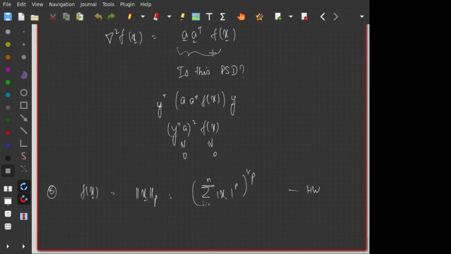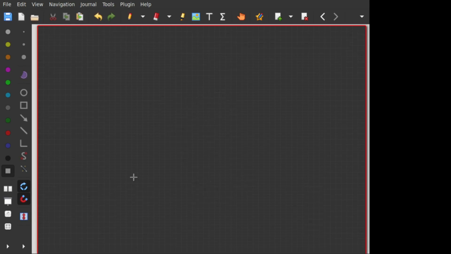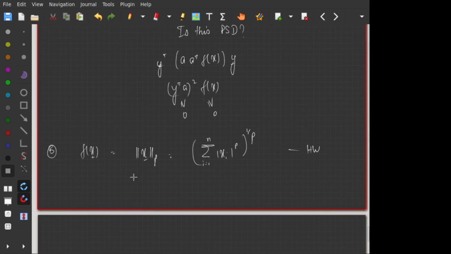So is this positive semi-definite? It's always positive semi-definite. And again, as a homework, I asked you to prove that the p norm is also a convex function. Okay, so again, you don't necessarily have to use the Hessian.